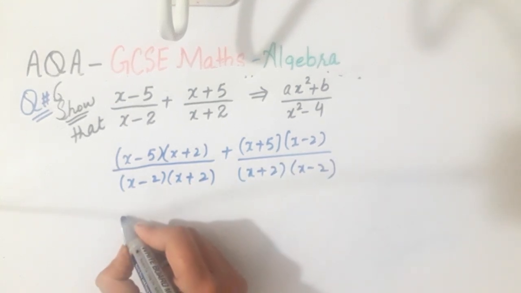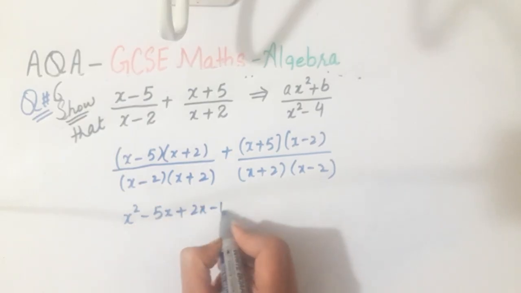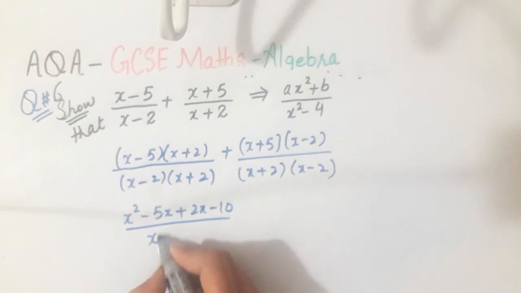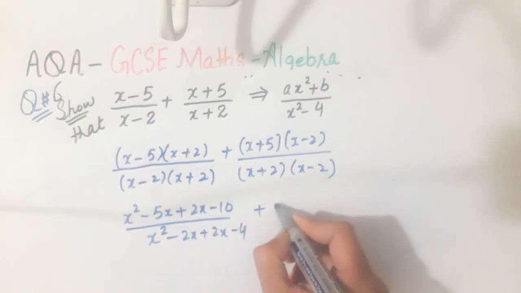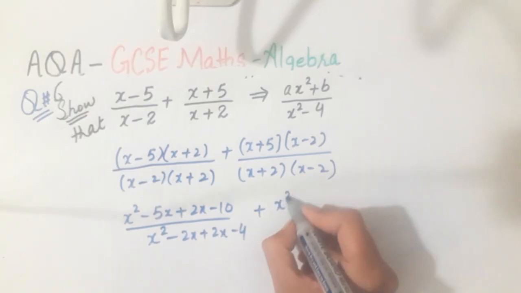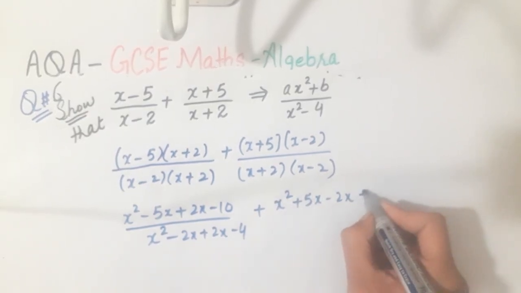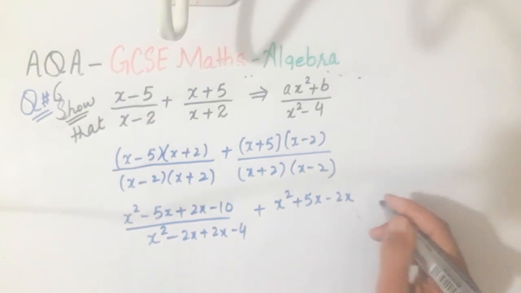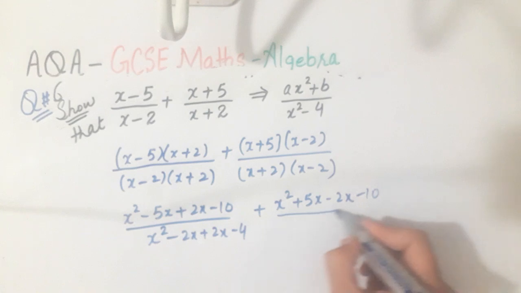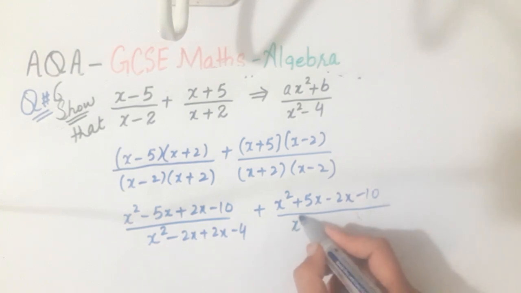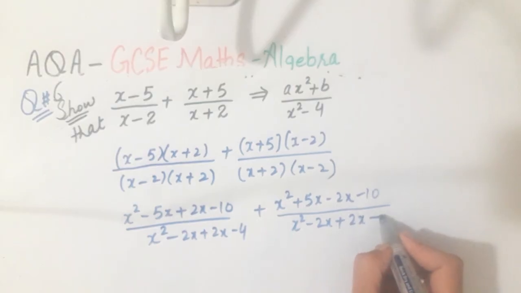Now we will solve this multiplication. So x square minus 5x plus 2x minus 10. Here we have x square minus 2x plus 2x minus 4. Here we have x square plus 5x minus 2x plus 10 minus 10, and divided this by x square minus 2x plus 2x minus 4.